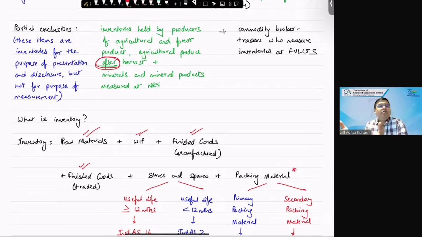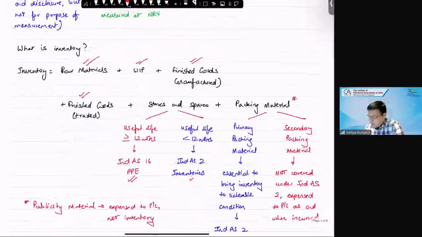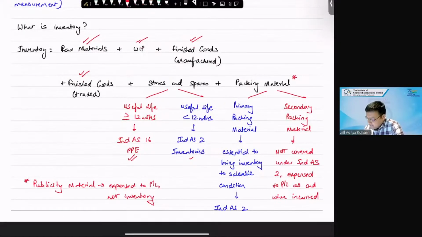Until I put it in those wooden boxes, my inventory cannot even be delivered for sale. I cannot bring it just like that. I have to put it in some packaging. So those packaging items are referred to as primary packing material. As primary packing material, they will be covered under Ind AS 2.